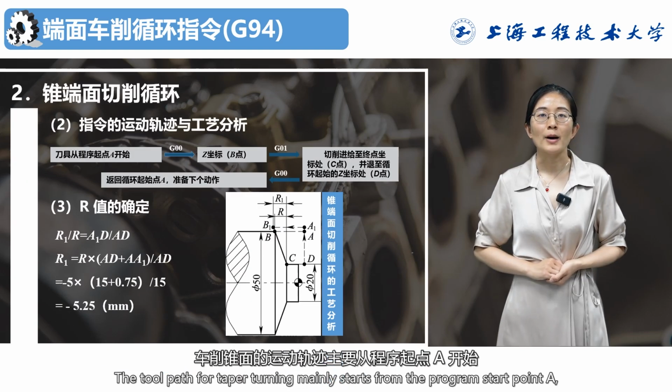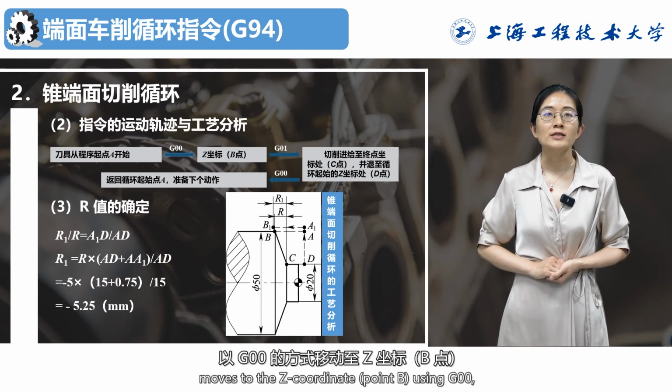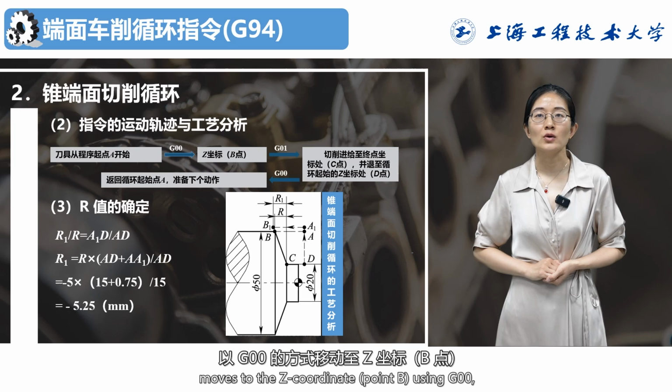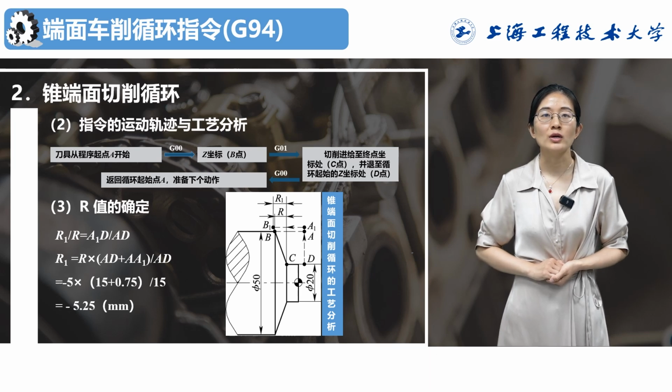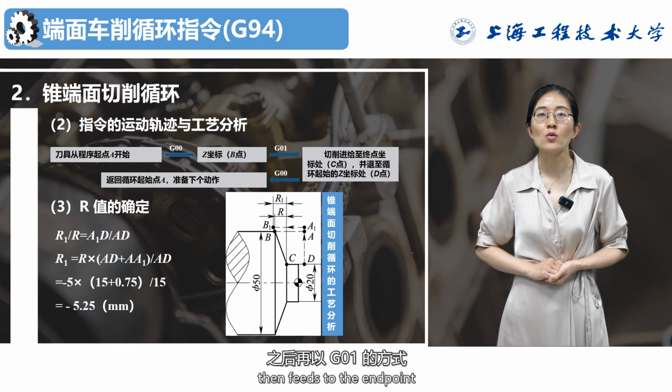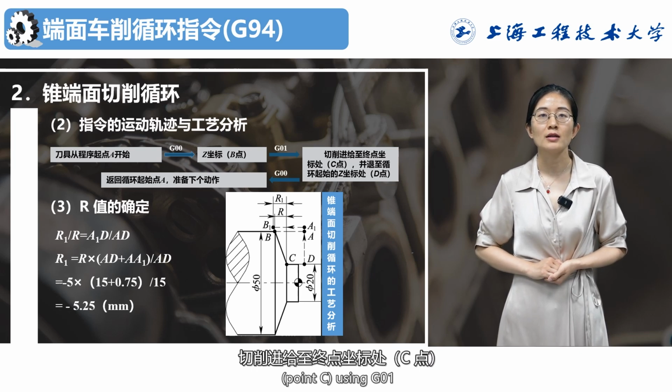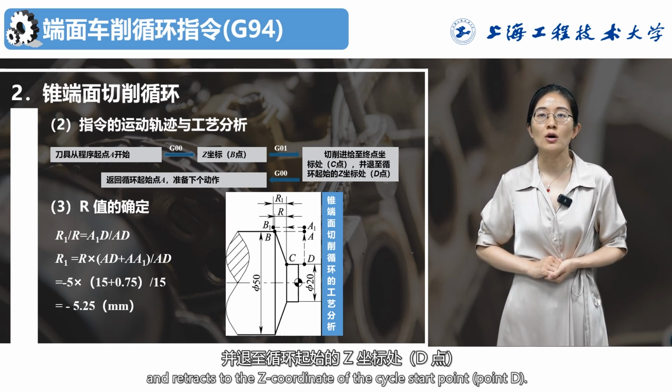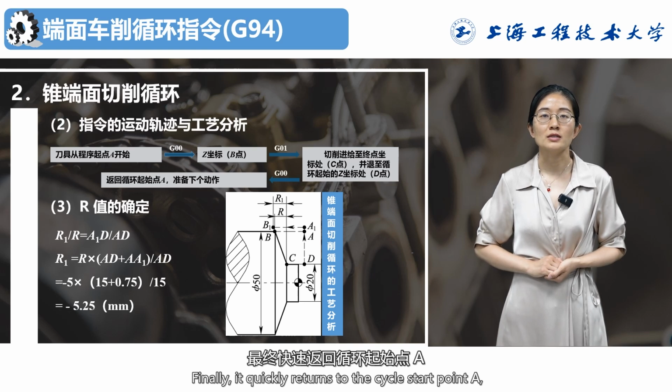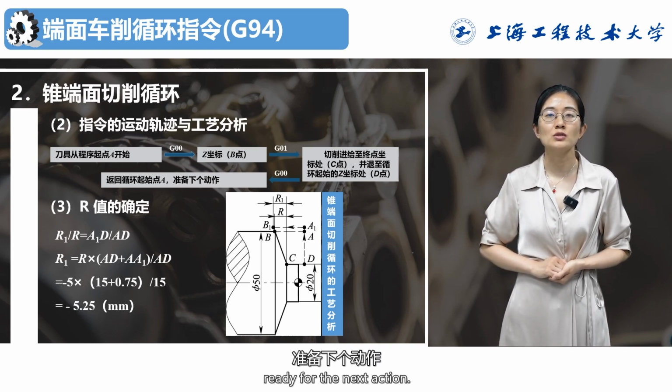The toolpath for taper turning mainly starts from the program start point A, moves to the Z coordinate point B using G00, then feeds to the end point, point C, using G01, and retracts to the Z coordinate of the cycle start point, point D. Finally, it quickly returns to the cycle start point A, ready for the next action.